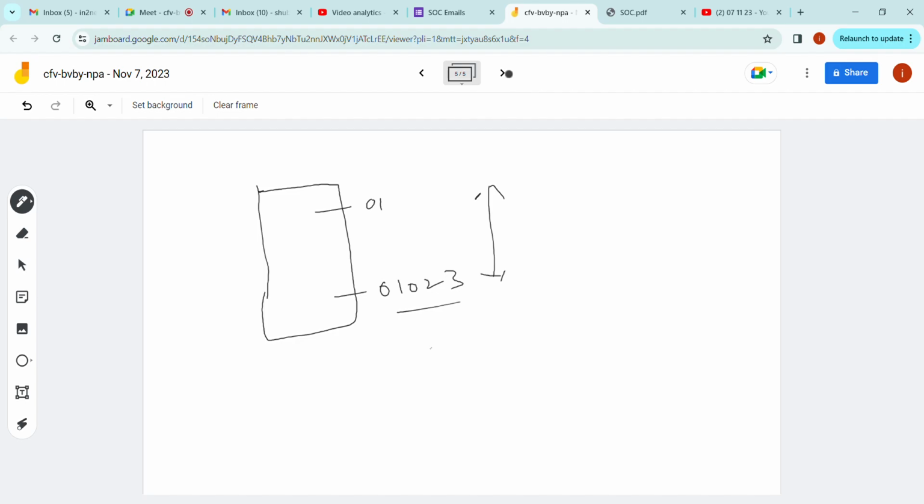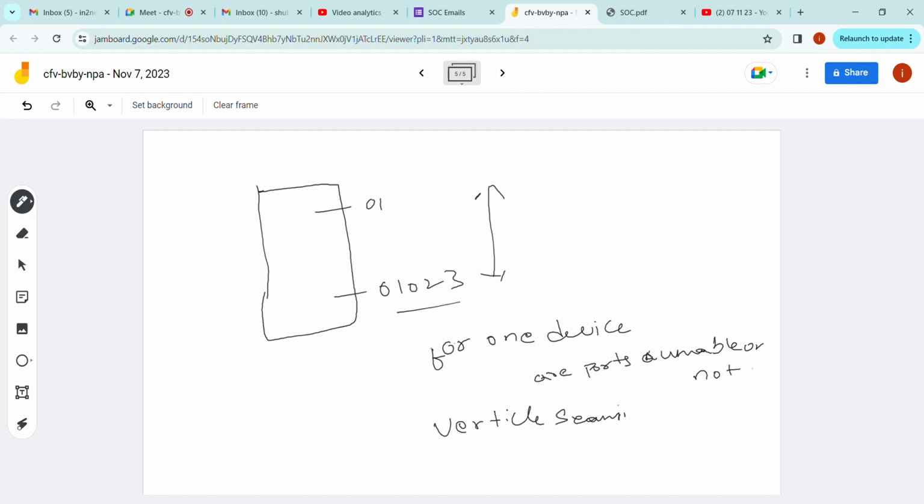So to find out for one device whether ports are enabled or not, a single device with multiple port scanning is nothing but a vertical scan, right? Hope you are clear.